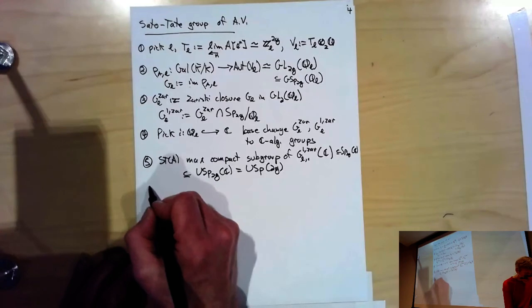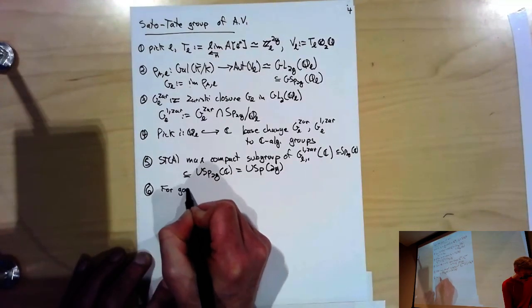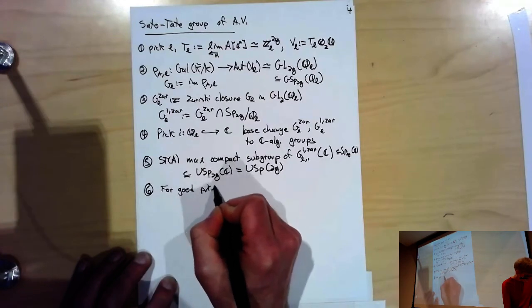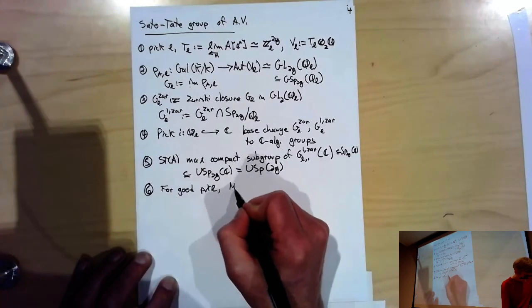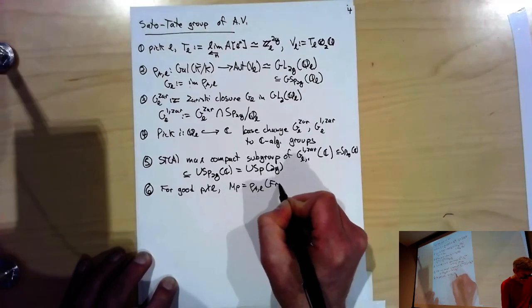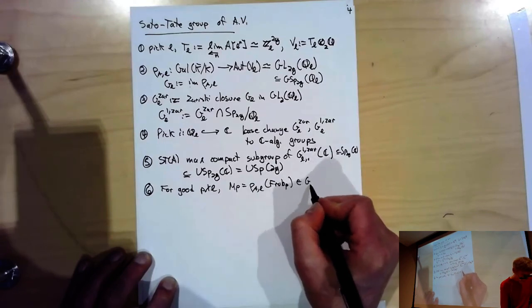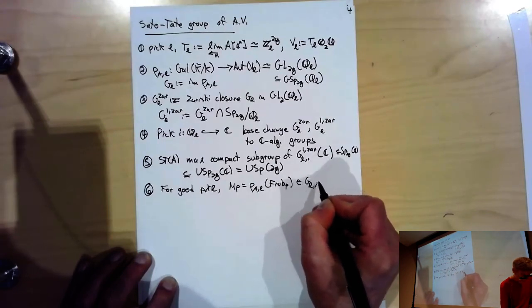And then last step, for good primes p not dividing l. As before, we take our matrix, the image of the absolute Frobenius element. So this is going to be, we're doing this in our base changed.